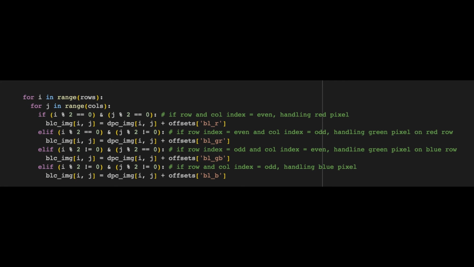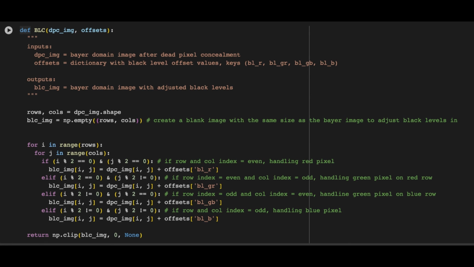Finally, to avoid dealing with negative numbers, we use np.clip on our finalized image with 0 as the lower bound and no upper bound. What this does is if there are any negative numbers, meaning too much offset was added, you'll just set them back to 0. As for the value of the offsets themselves, camera manufacturers have methods to automatically determine the best offsets.